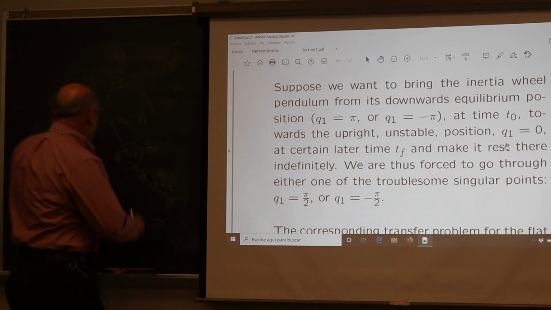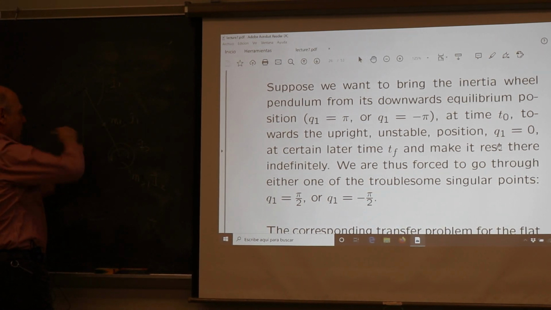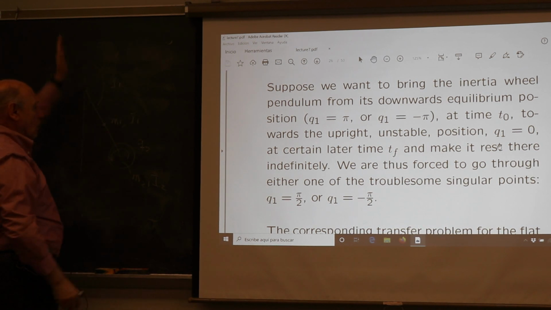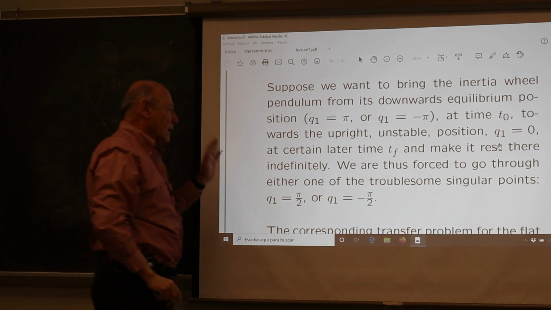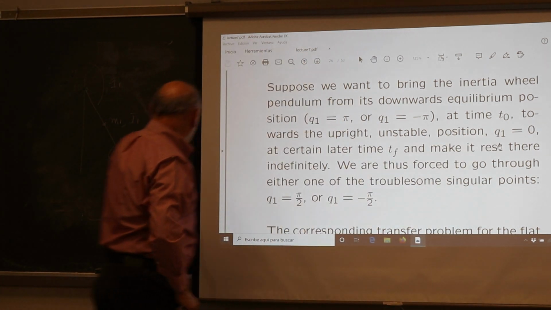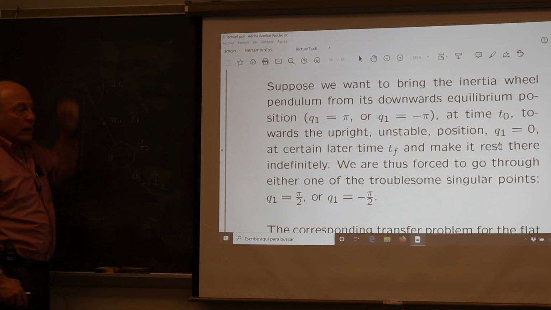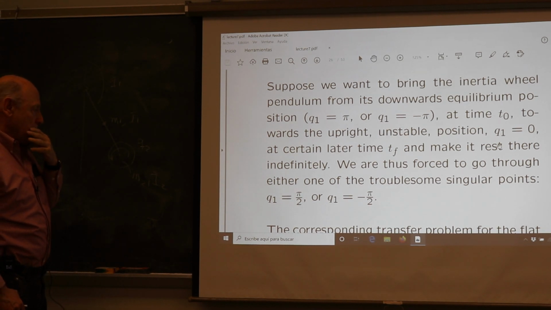So you are at an initial position that can be described by either pi or minus pi, and you want to go all the way up to 0. At a certain finite instant of time, you want to reach Q1 equals 0. That means your link will go upwards and stay at that equilibrium indefinitely.